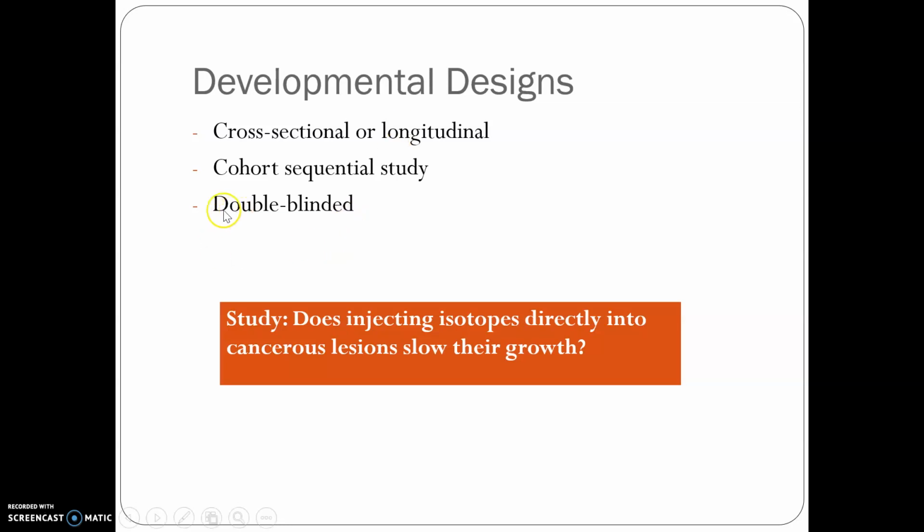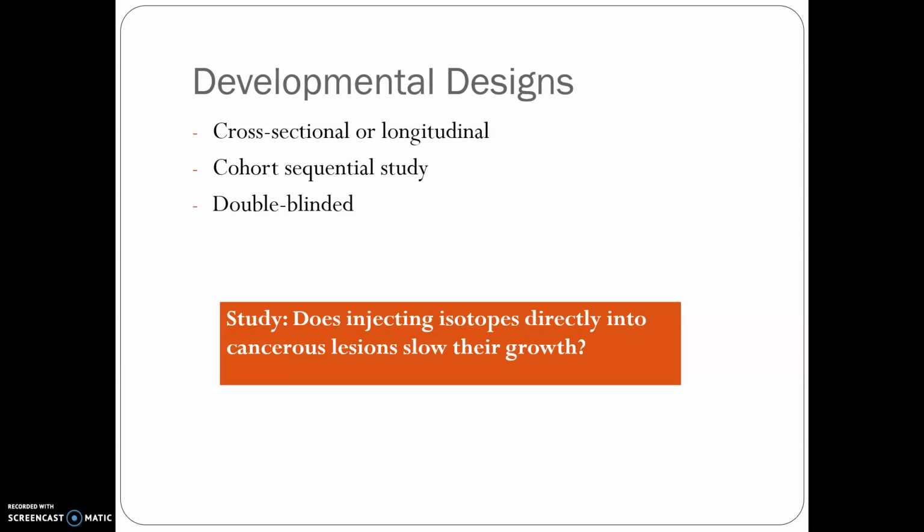And then the last one we have here is double-blinded. For this one, we're looking at a placebo effect, for example. So the researchers do not know who in their study group got the placebo and who, for example, got the extra dose of vitamins. So you have a group of 100 people, half of them are getting vitamins, half of them are getting a placebo.